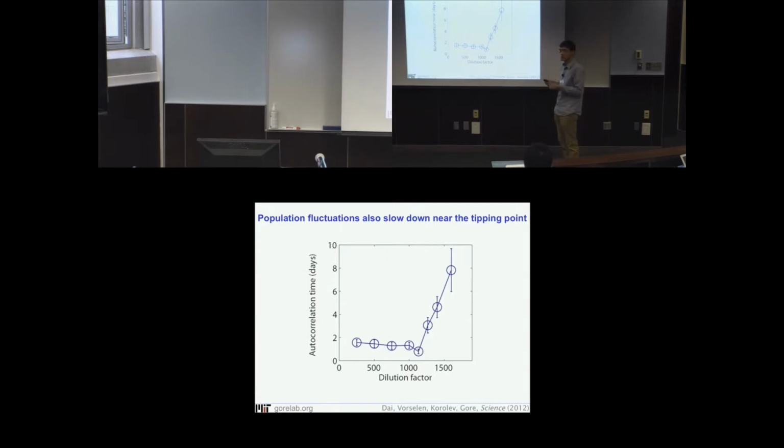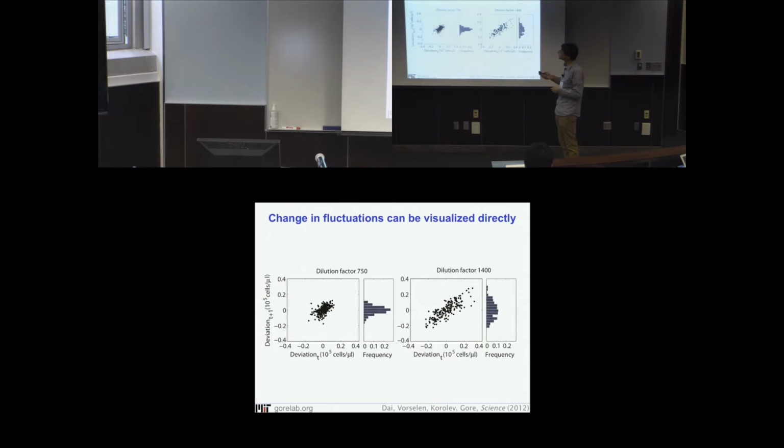It's good to always look at raw data. So this is plotting the deviation from the mean on one day compared to the next day. This is population size on one day and the following day in a benign environment and a challenging environment. You can see that the fluctuations, first of all, increase in size. This is the same scale here.